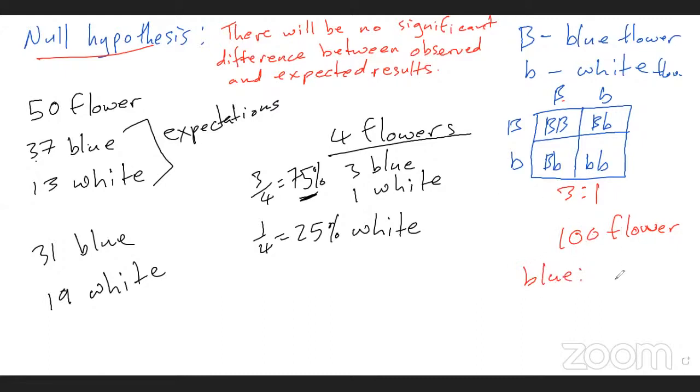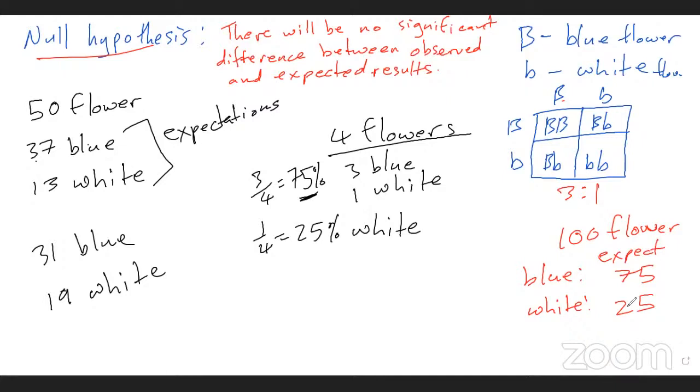Right, so we expect 25 to be the other color. So the expected results is based on the type of cross we are doing.